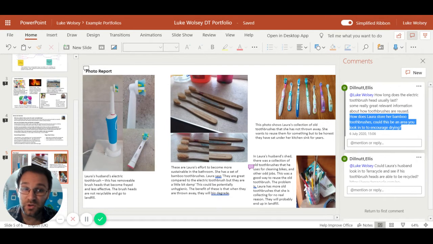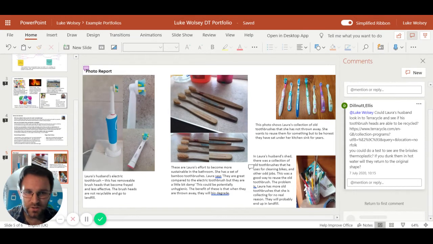Could this be an area you look into to encourage drying? That is a really good point. So that has now altered my thinking a little bit. I'm going to keep it as a side idea at the moment, but it's going to influence my next piece of work. She's also got lots of research and things that I could potentially do here.